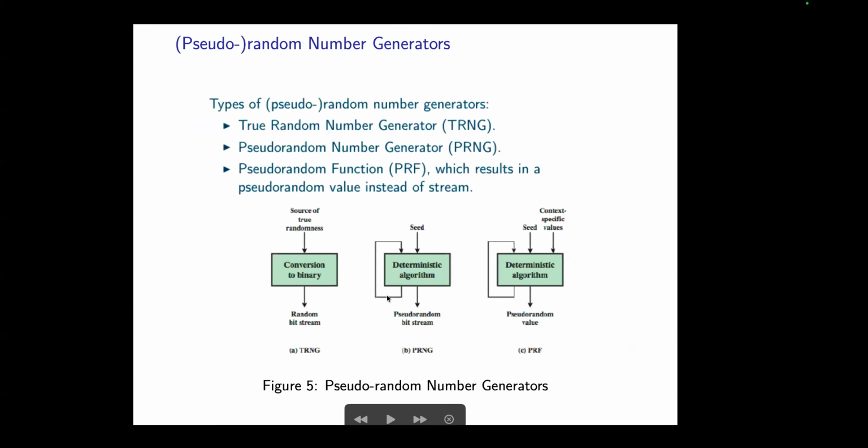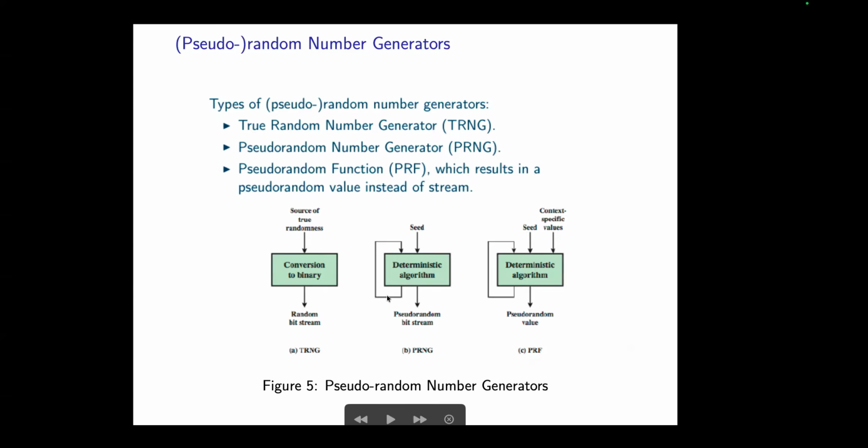All right. So if I have a source of true randomness, then my output is truly random.